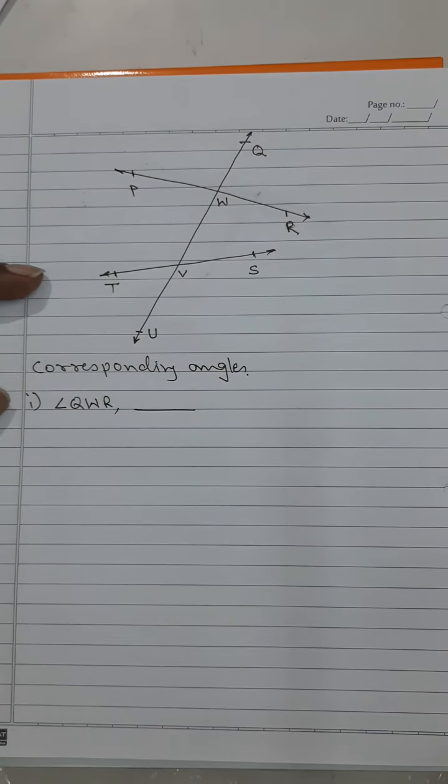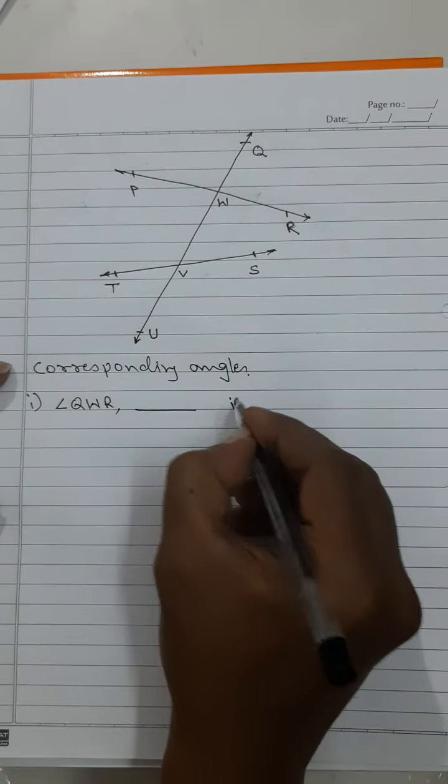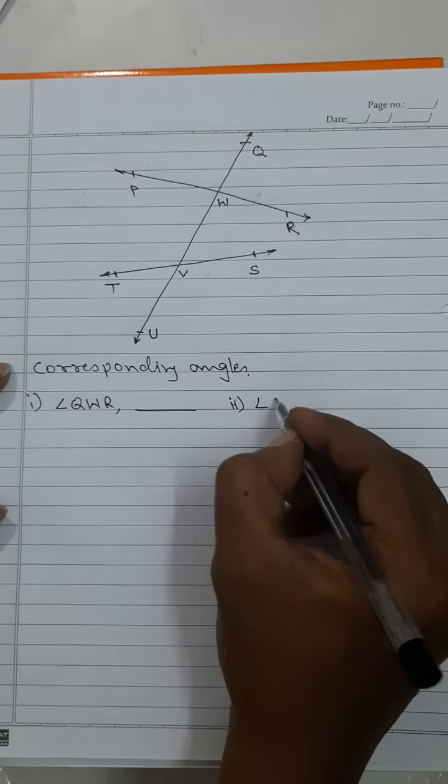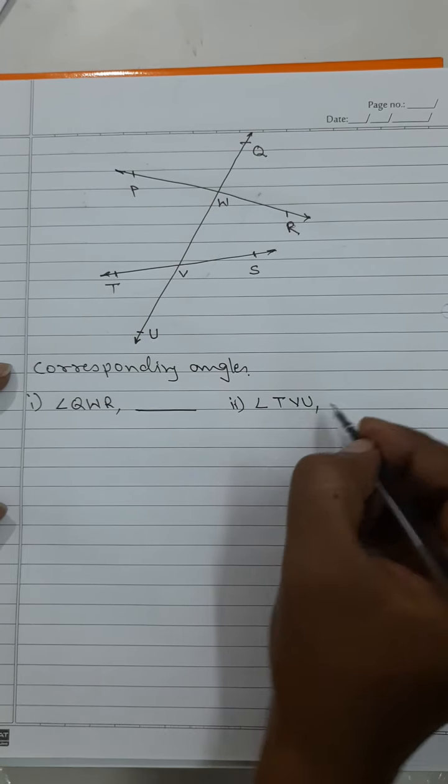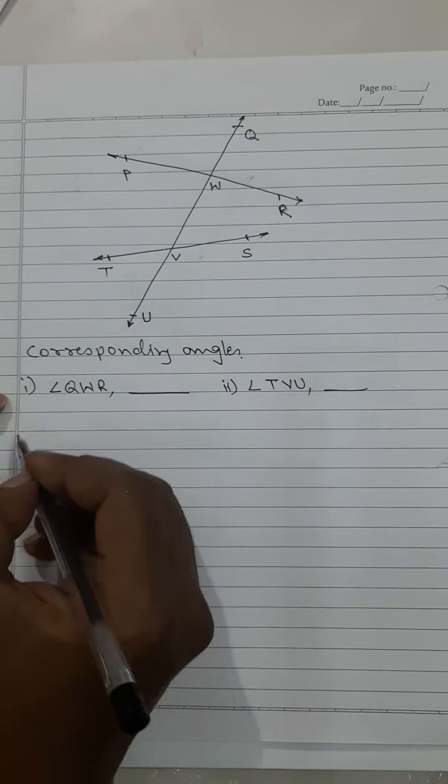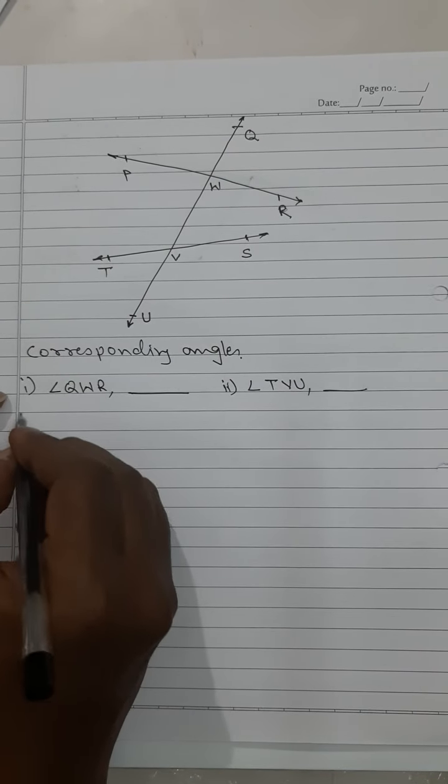Who is the one forming corresponding angles with angle TVU? Who is forming corresponding angles?